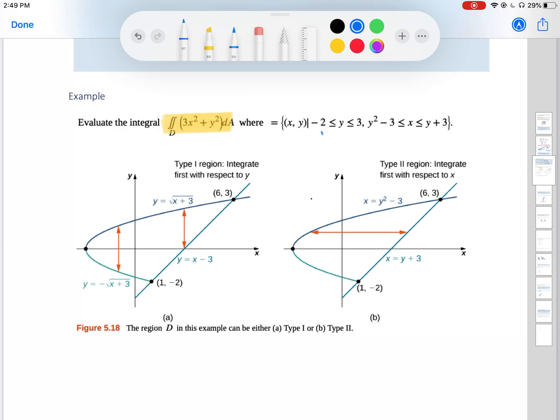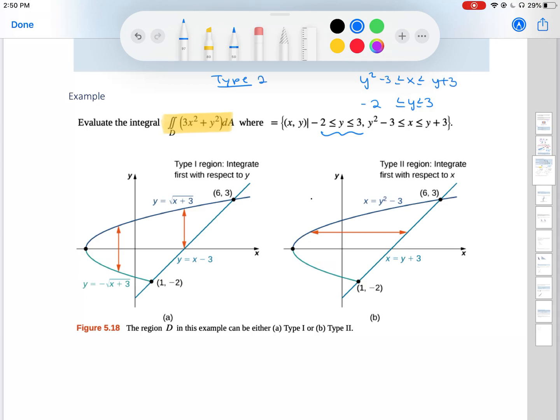Let's write this again. So for y, we have, all right, so if we have it set up for y, so it's type 2. Disregard everything I talked about for the last minute. All right, so I go from -2 to 3, and from x we have y squared minus 3 and y plus 3.